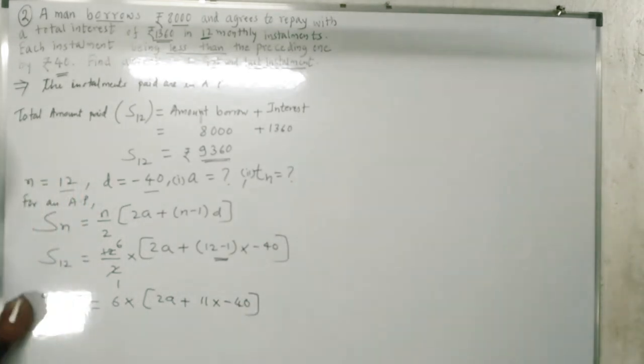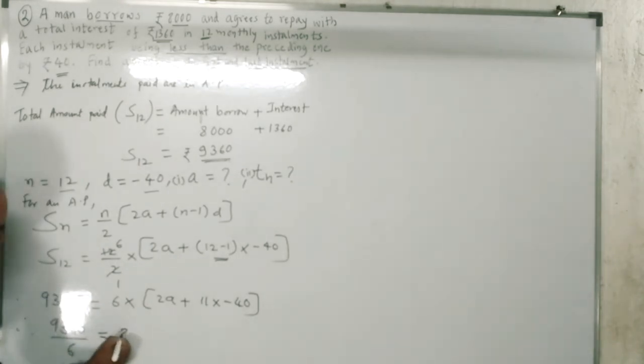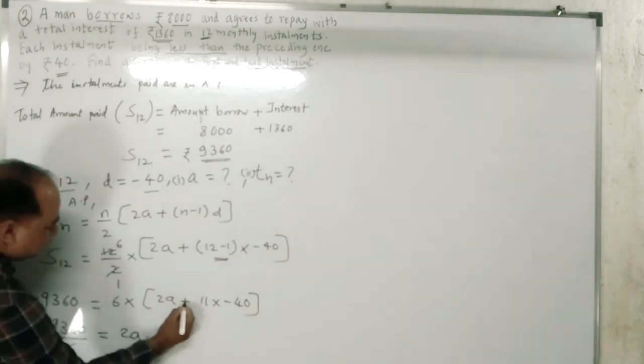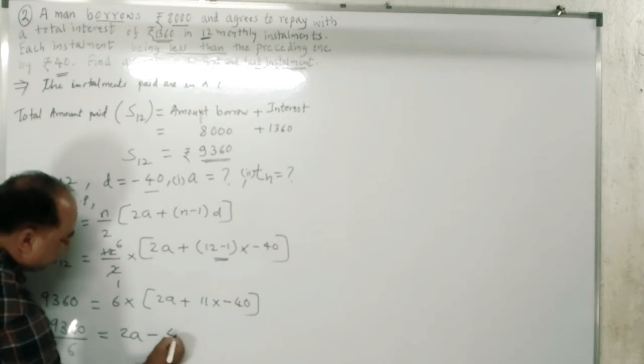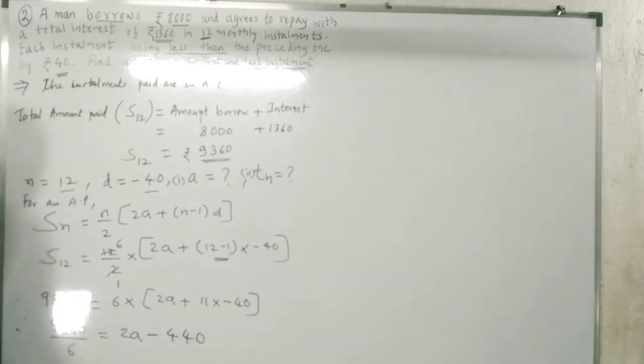Therefore, 9360, this 6 multiplication will come on the left hand side of the equal to sign, it will get divided, is equal to 2a plus into minus, minus 11 fours are 44, 440.